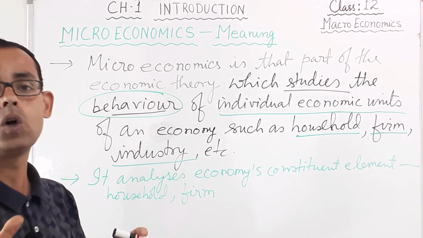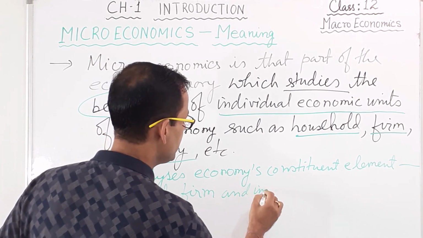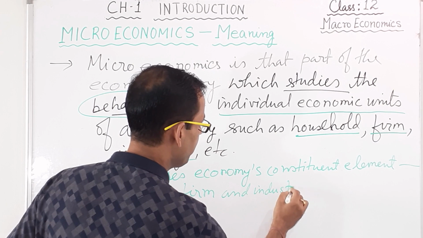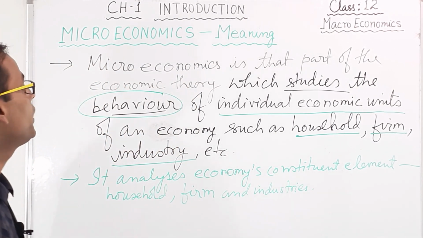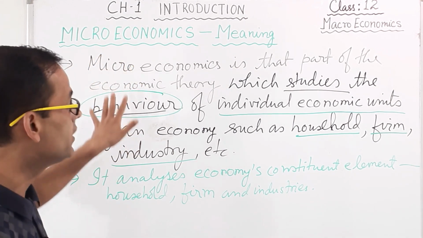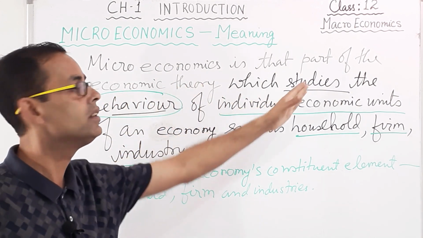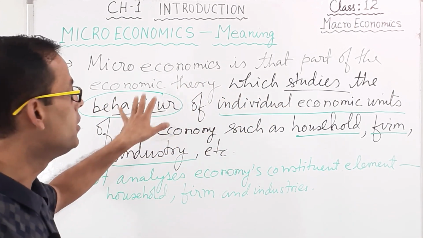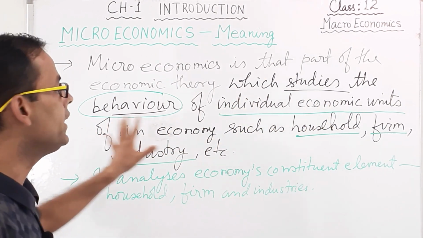These are the constituent elements. Clear? So what is the meaning of microeconomics? It is a part of the economic theory which studies the behavior of individual economic units of an economy.